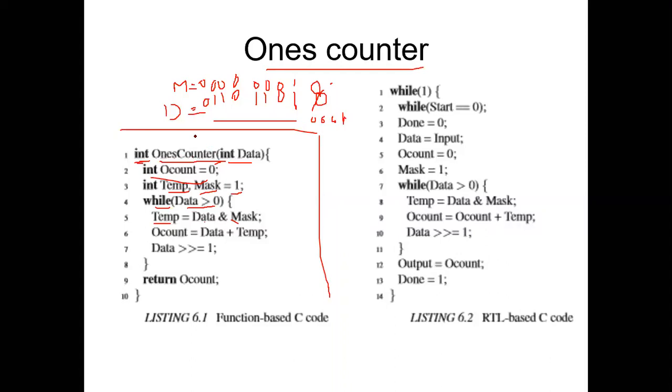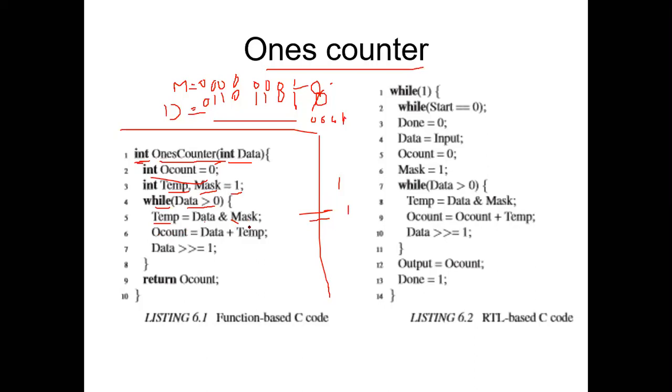You will get 1 as the output. After that AND operation, temp will be 1, since the LSB 1 is ANDed with 1 and you get 1. Temp will be equal to 1 after this operation.